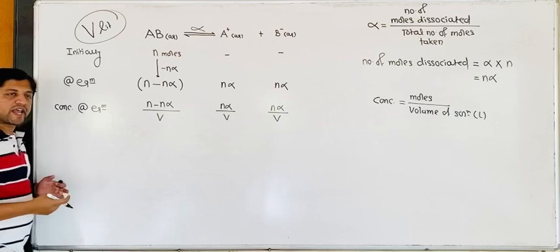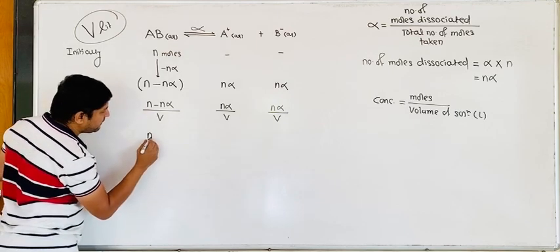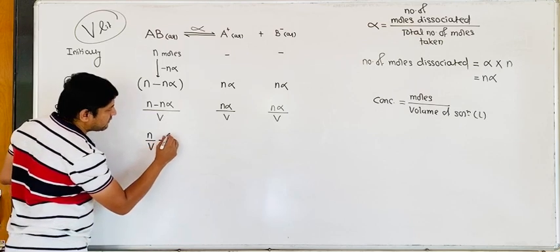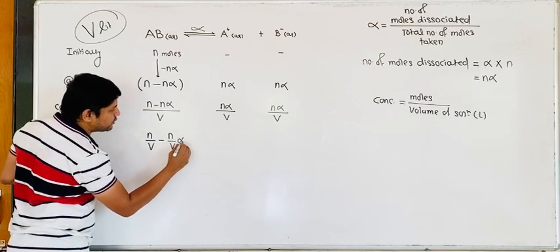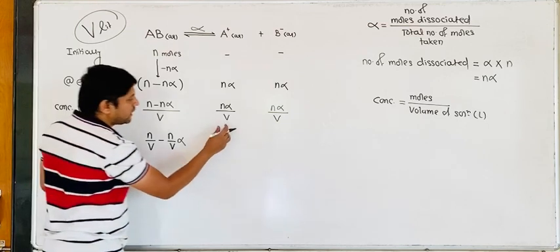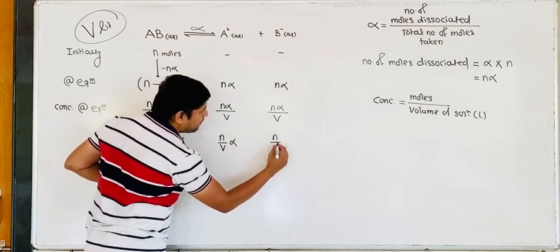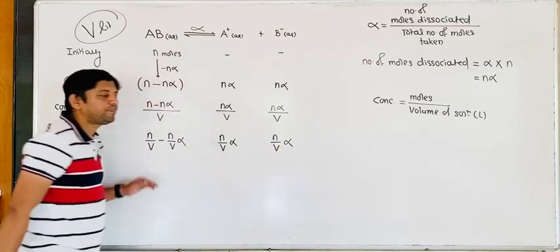The same expressions can be written as n divided by V, moles divided by volume of solution, minus n divided by V into alpha. Here also n by V into alpha, n by V into alpha.